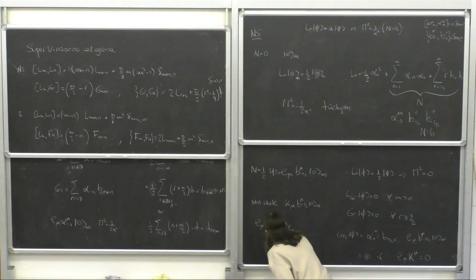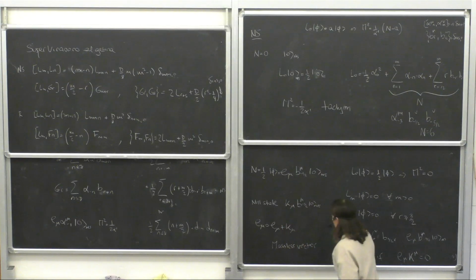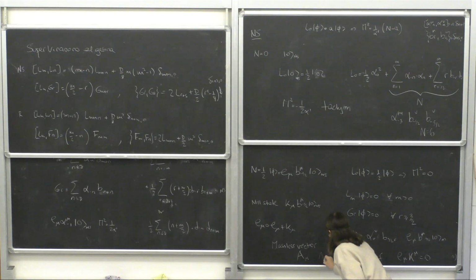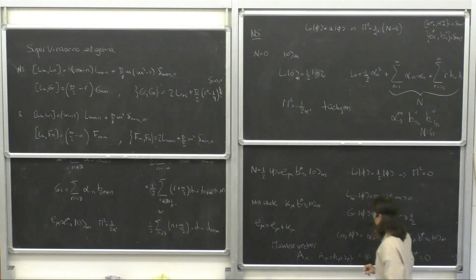Okay, so this is then a massless vector and has a gauge field, so the field is A_mu. And this tells us that A_mu is the same as A_mu plus d_mu lambda. So exactly as in the bosonic string.